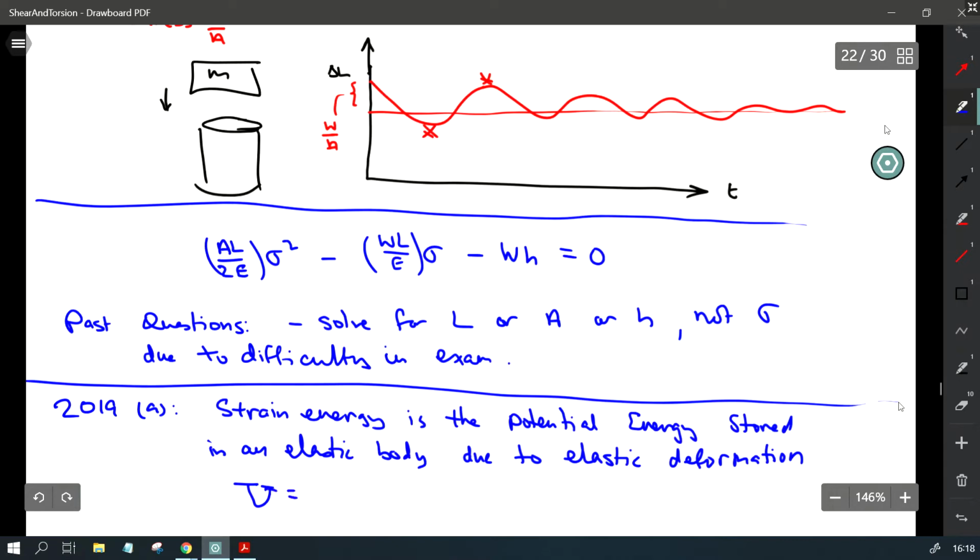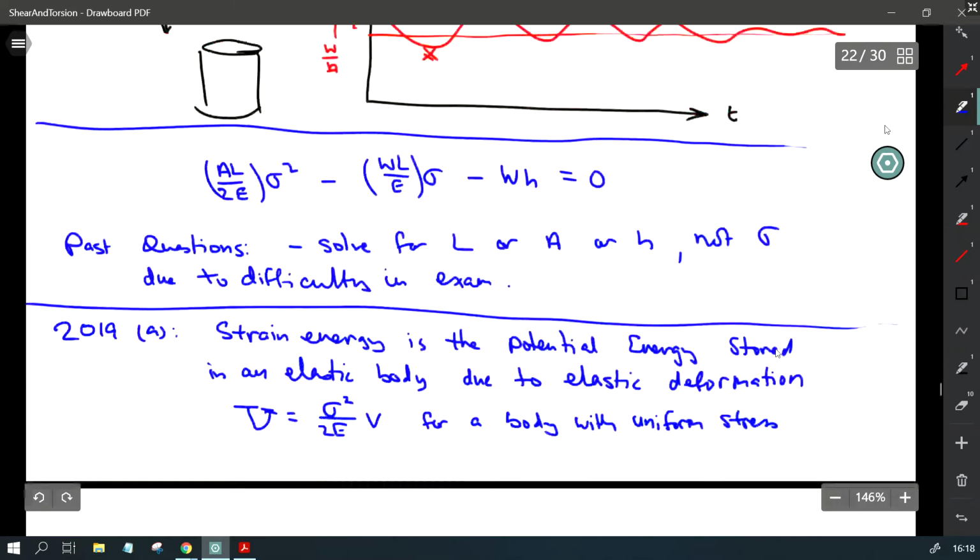So U is equal to sigma squared over 2E times the volume, for a body with uniform stress. All right, so that's a definition.